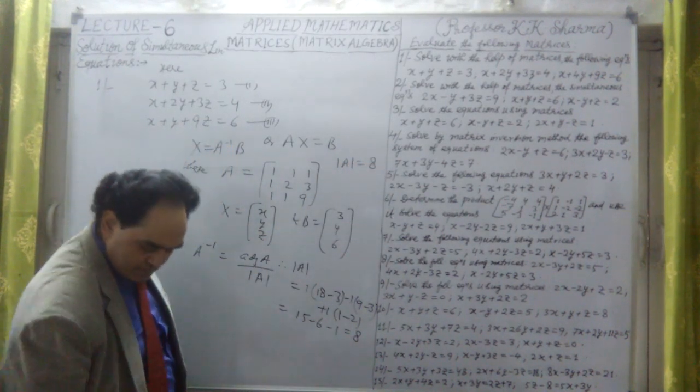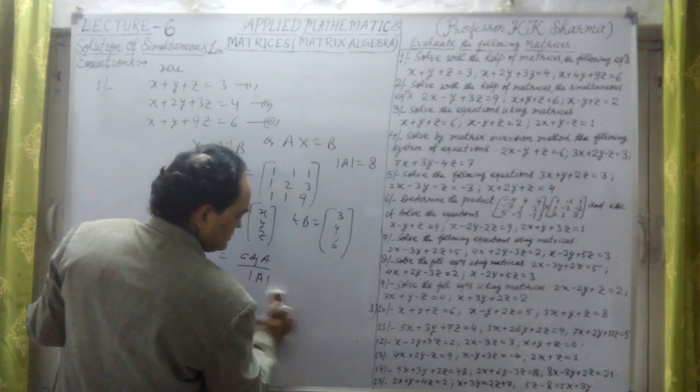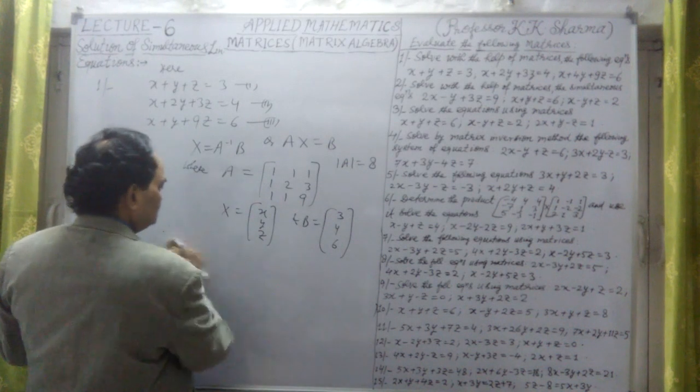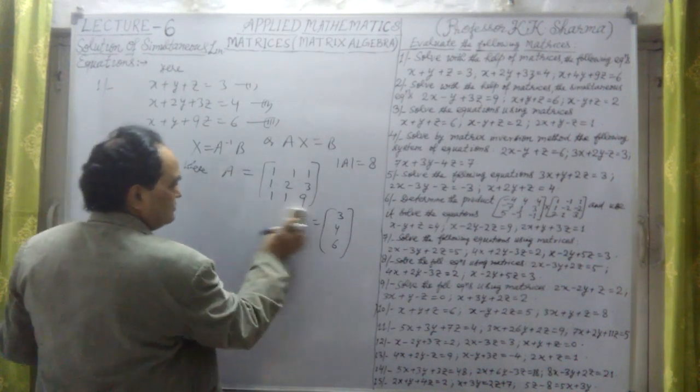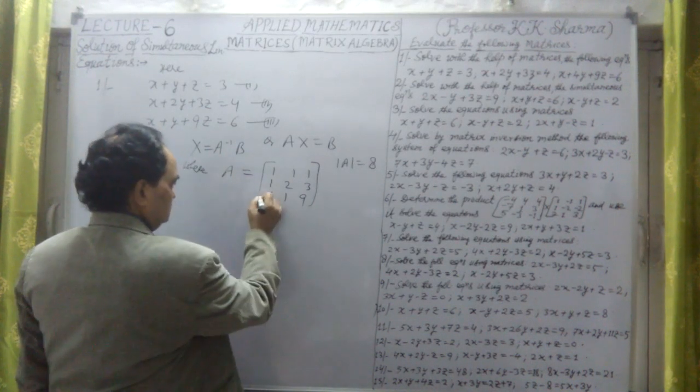That will be required. Now let me find the adjoint of A. Let me rub this out and keep only A here.